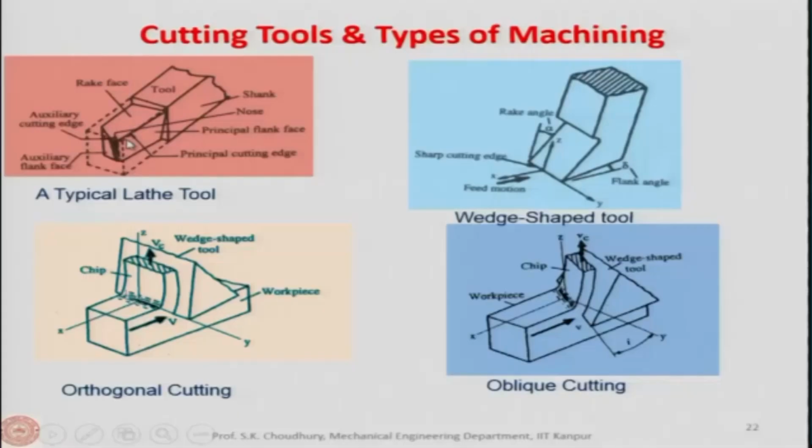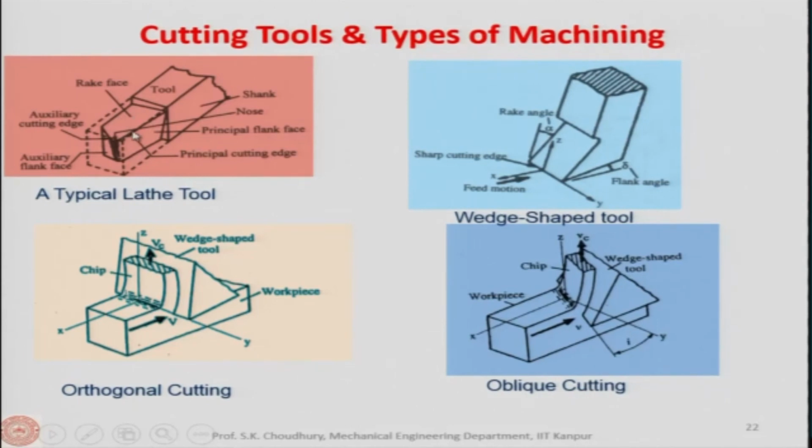This is a 3-dimensional tool, as you can find out from the pictorial view of this tool. This is not very convenient, and it is not actually easy to take this for the analysis, because this has a lot of inclinations. You can see that this has more faces.